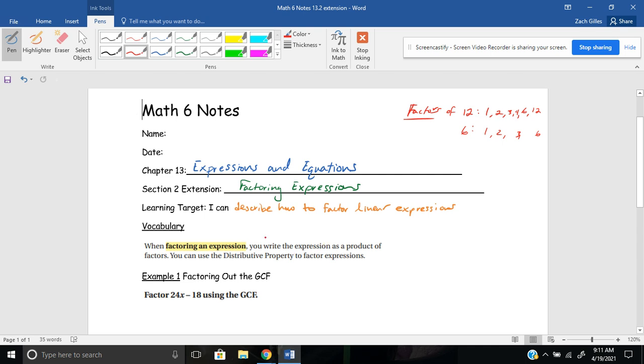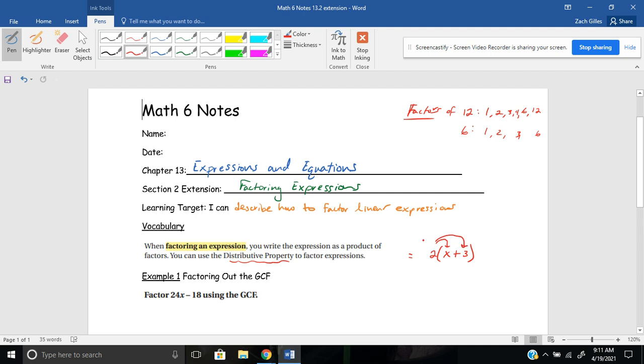Now, remember when we talked about the distributive property, there's usually an instance where we have a number outside of parentheses. So something like 2 times (x plus, let's just say 3). And we wanted to distribute this 2 into everything inside the parentheses.